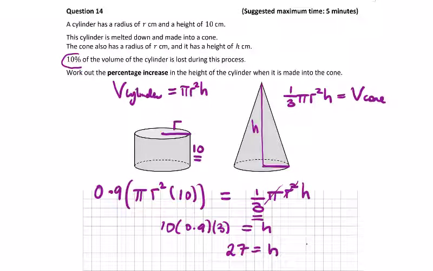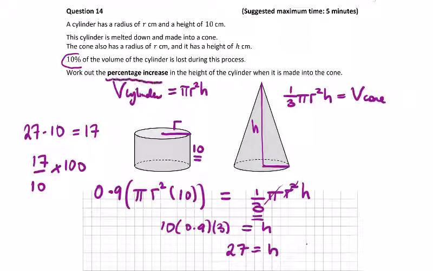You see here the old height was 10, so there's an increase of 17. 27 minus 10 is 17, that's the increase. So the increase is 17, began at 10, multiplied by 100 will give us the percentage increase, which in this case is 170%. And there were 15 marks for question 14, and that completes this paper.